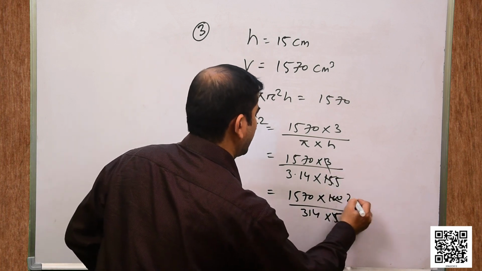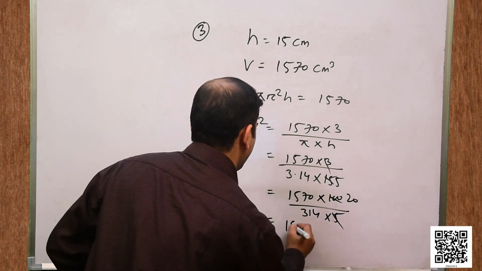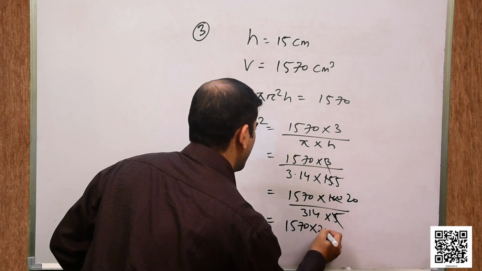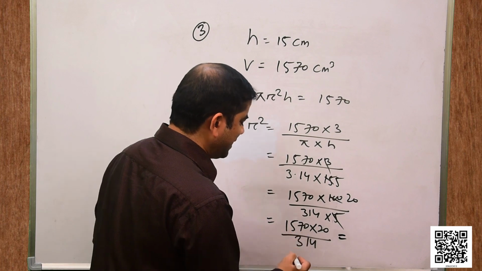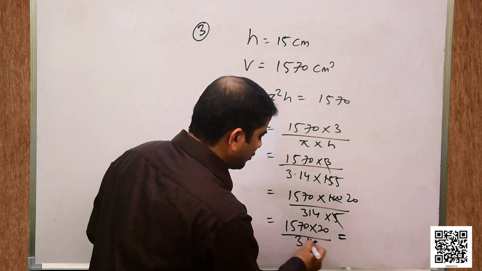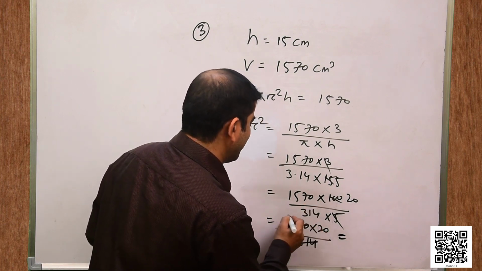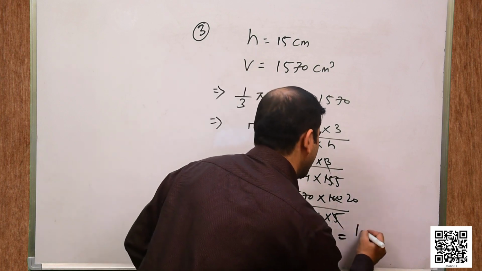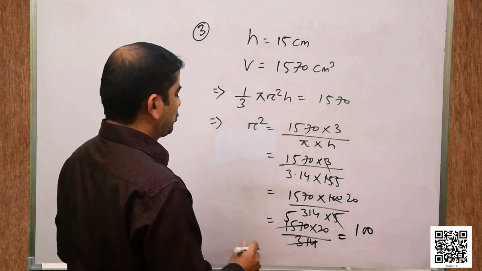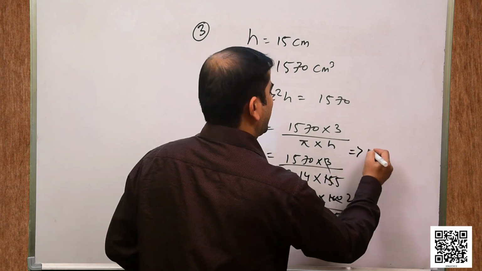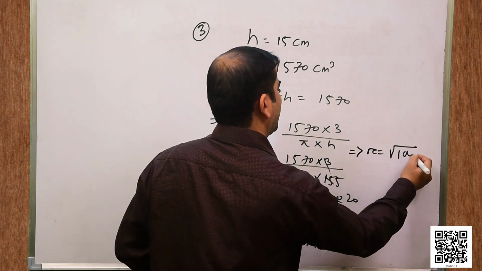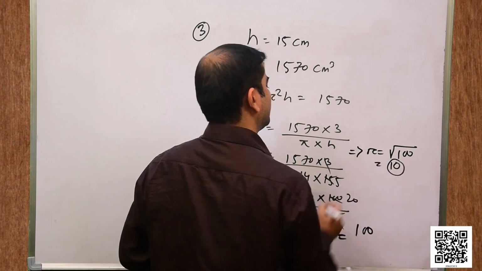So, 5 20s are 100. So, 1570 into 20 divided by 314. That means we can cut it out, 314 5s are 1570. So, 20 5s are 100. So, r square is found to be 100, that implies r is equal to square root of 100, that is 10.